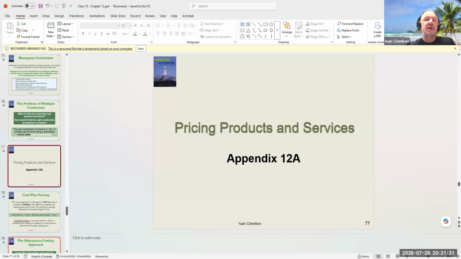Very interesting topic. I strongly recommend you pay attention when the teacher teaches those lectures, because at the end of the day, now we saw the different types of costs and how we make decisions, but the main decision is what should be the price for our product, which is going to generate the revenue. So that's with the chapter 12.